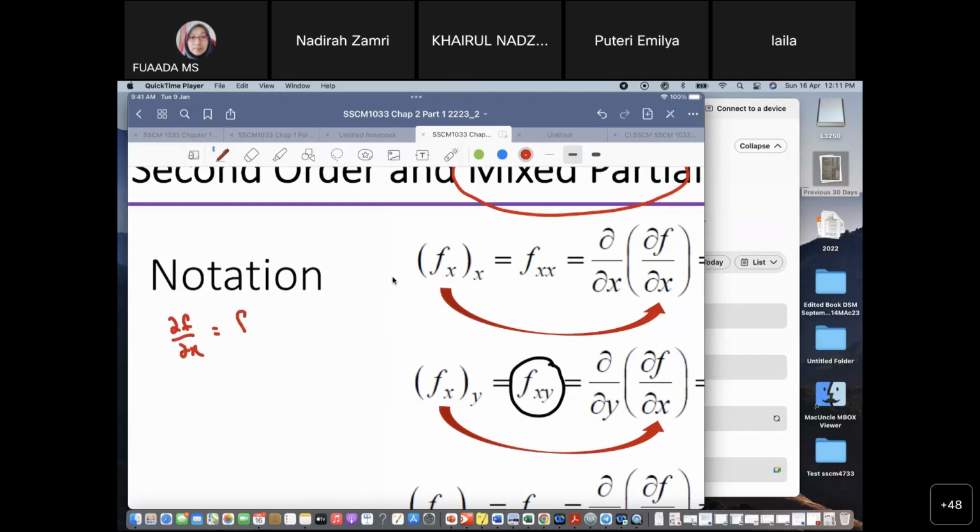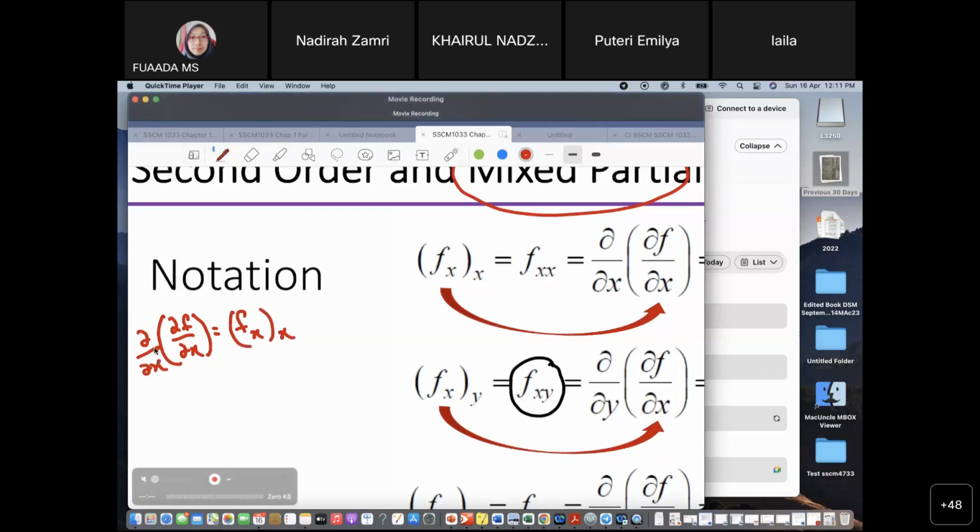We write that as fx, right? So you differentiate once, you get the new expression, right? And next you differentiate again using the recent expression, with respect to x.